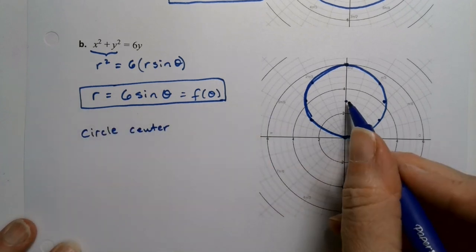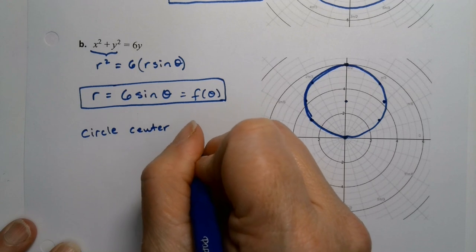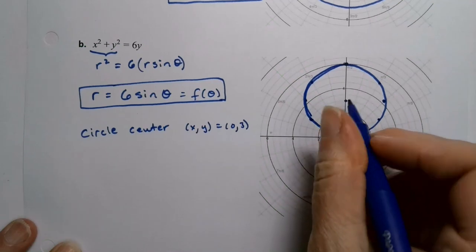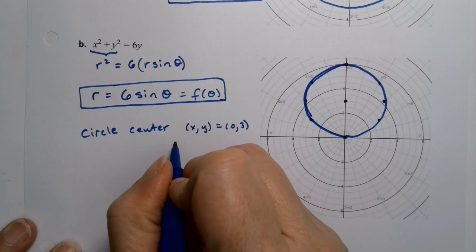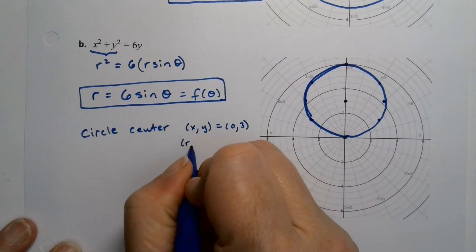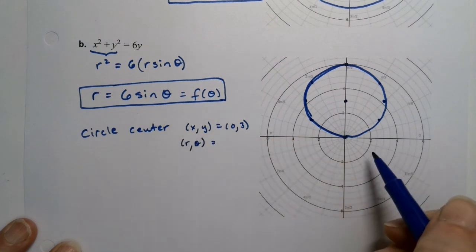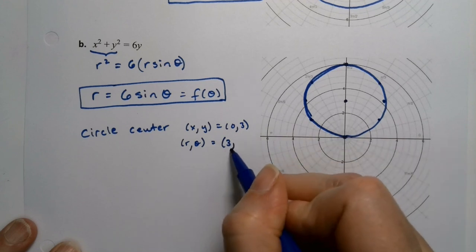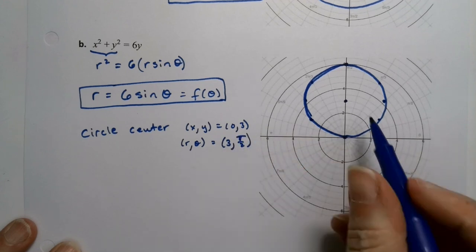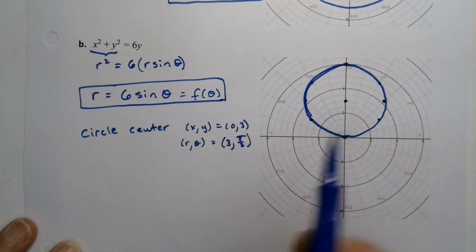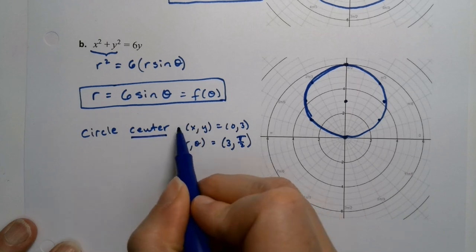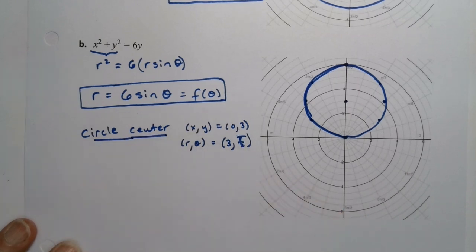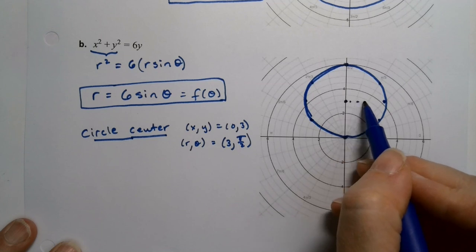Now the center is, if you're looking at the XY coordinates, 0, 3, right, over 0, up 3, right here. If you're looking at the r theta coordinates, it would be on the 3 ring, because it's the third ring, and it's pi over 2, because this is the pi over 2 angle, so on the 3 ring. So whichever way you want to say it. If you want to say it in XY coordinates, it's that. If you want to say it in r theta coordinates, it's that. And the radius of that circle is obviously 3.